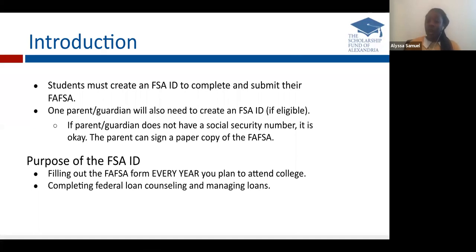If eligible, a parent must also create an FSA ID. And we'll go into a little bit about what eligibility looks like for parents. If a parent does not have a social security number, they will not be able to create an FSA ID, but that is fine because they can still sign the FAFSA using a printed out copy of the FAFSA.